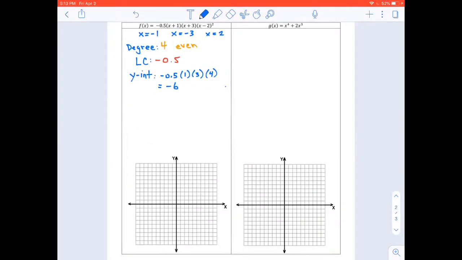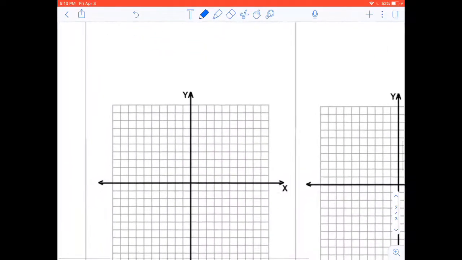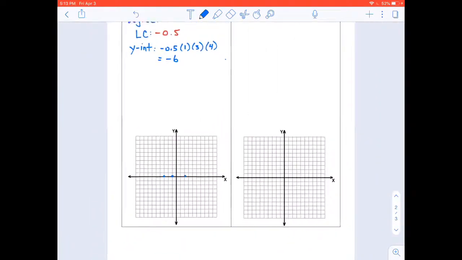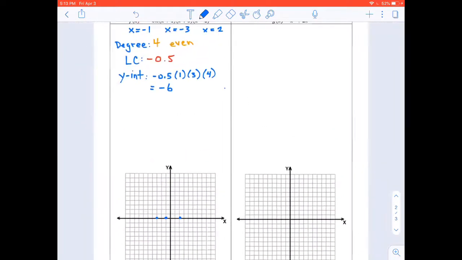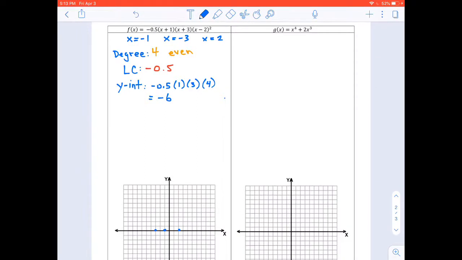So first I'm going to put on our x-intercepts at negative 1, negative 3, and 2. So if I zoom in, negative 1, negative 3, positive 2. We also know that we have an even degree, so the end behavior should be on the same side. And we also know that the leading coefficient is negative, so that means it's been reflected.